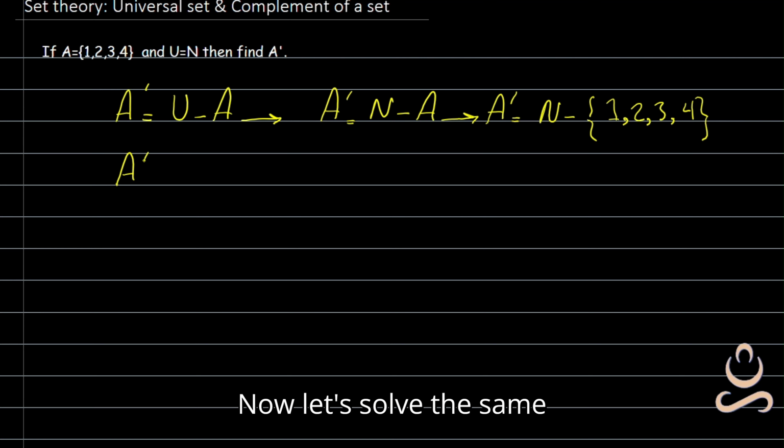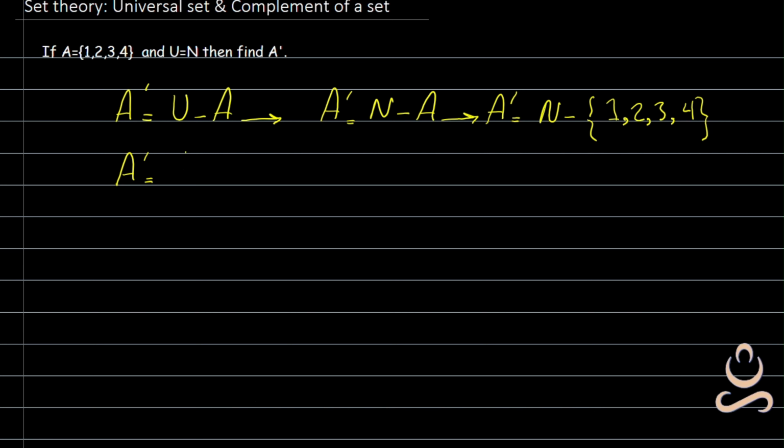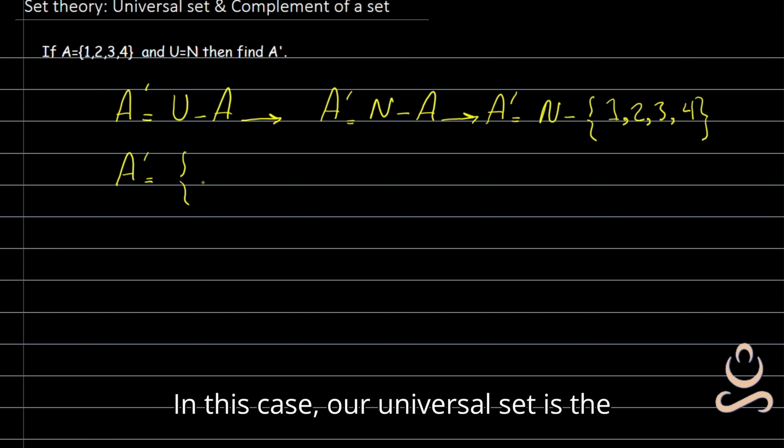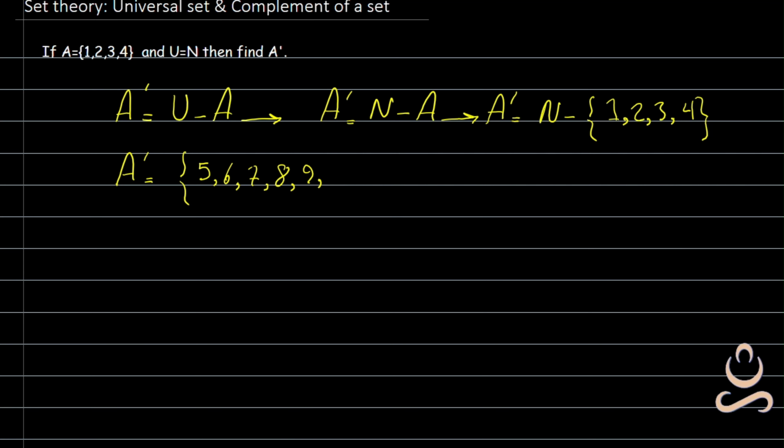Now let's solve the same exercise with the new universal set. In this case, our universal set is the set of integers instead of natural numbers.